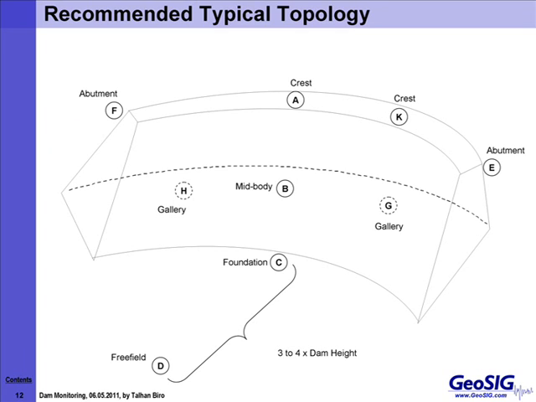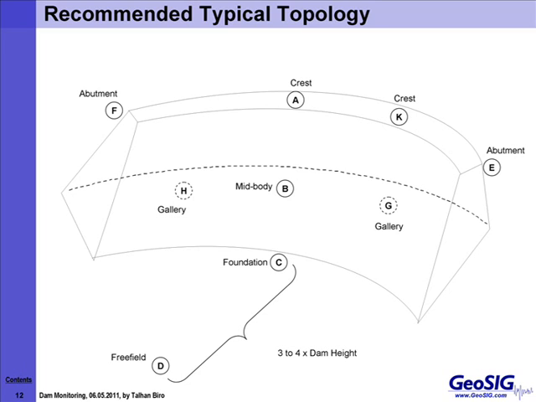To be able to achieve a real proper dam instrumentation, our recommendation to have instrumented in a dam are the crest in the middle, in the quarter another instrument to be able to see the torsional behavior we have seen earlier, and then the motions of the abutments, mid-body section, in the galleries, especially in gravity and embankment dams, and then one in the foundation level and one in the free field.